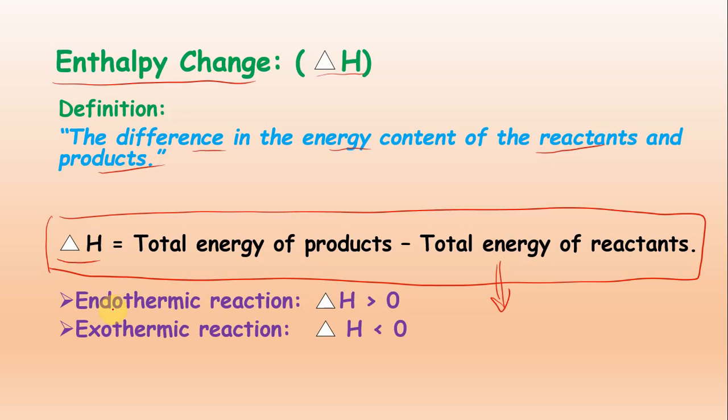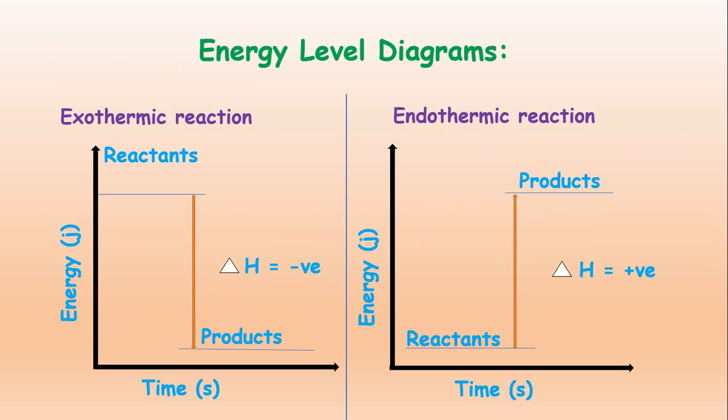Number one, for an endothermic reaction, delta H will be greater than 0, which means it will be a positive value. And for an exothermic reaction, delta H will be less than 0, which means it must be a negative value.